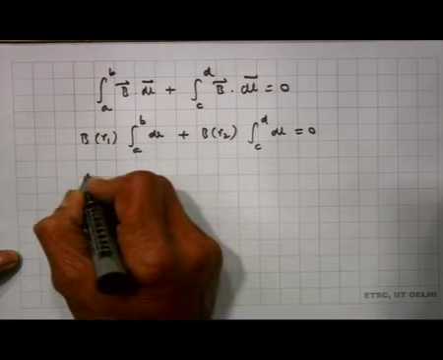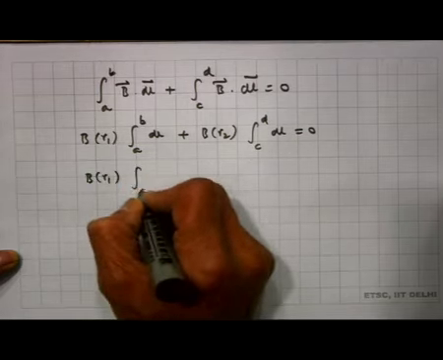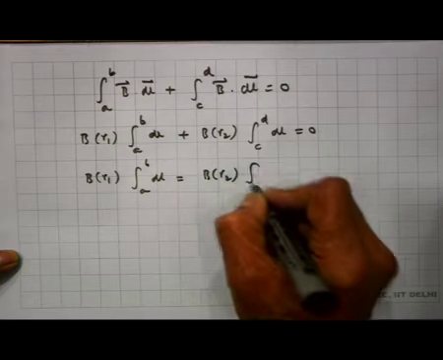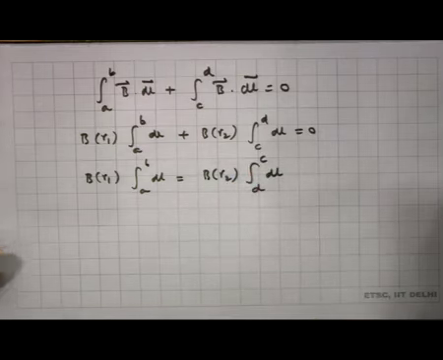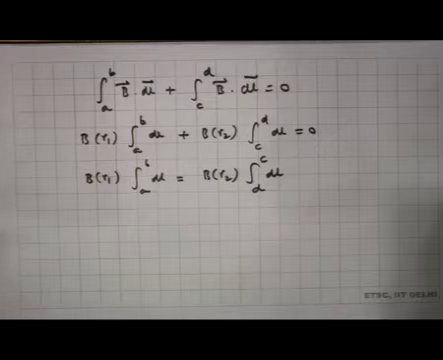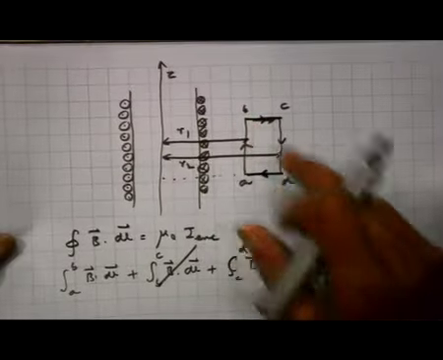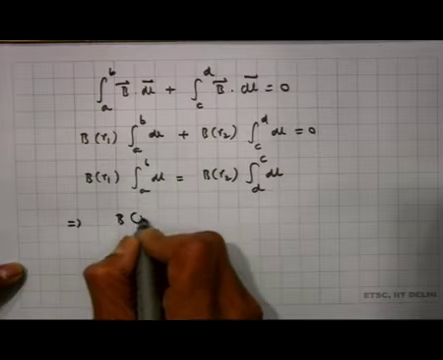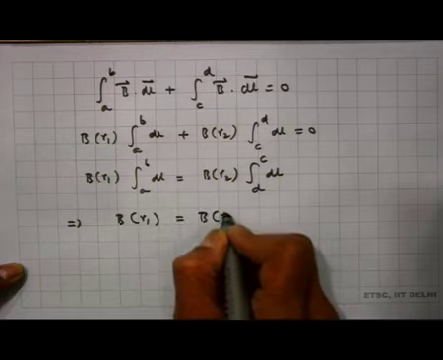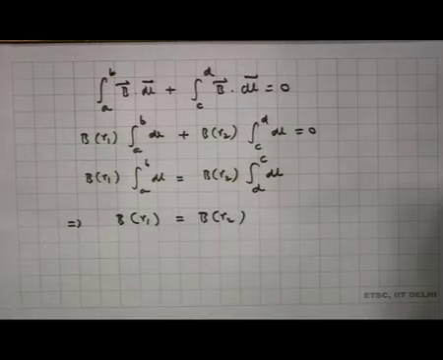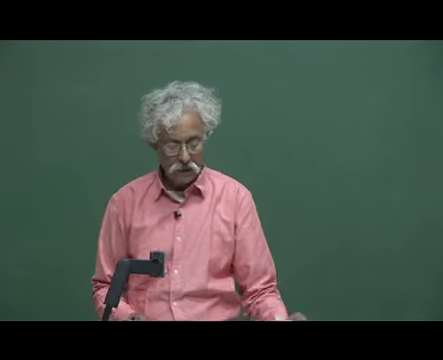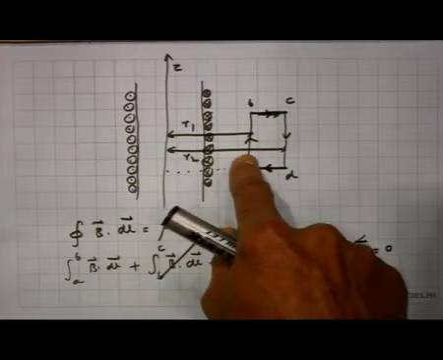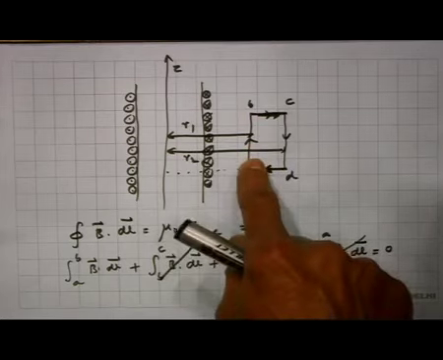That means, B at r1 integral A to B dl must be equal to B of r2 integral D to C dl. So, I have changed the direction of integration. So, A to B and D to C integration are over the same length. So, this implies B at r1 is equal to B at r2. So, what it implies is the magnetic field is independent of the distance of this point from the axis of the solenoid. So, magnetic field here is the same as magnetic field here.